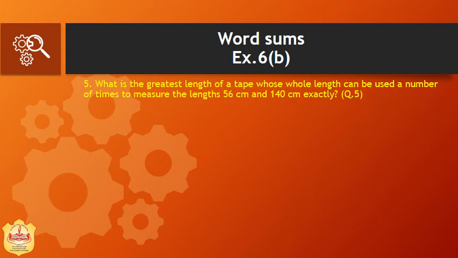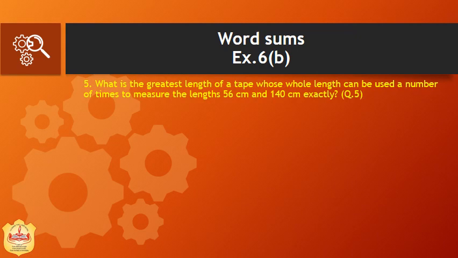One is 56 centimeter and the other is 140 centimeter exactly. So it means that you have to find out that greatest length which is in number, and that number divides 56 centimeter and 140 centimeter exactly. It means that number is the HCF of 56 centimeter and 140 centimeter.